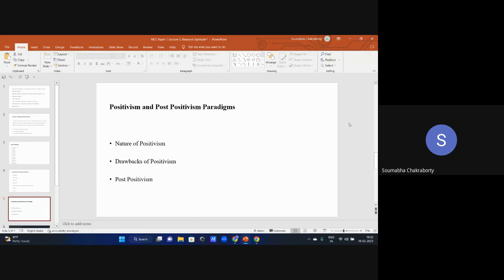Positivism relies upon quantifiable perceptions that prompt measurable examinations. In this case, the role of the researcher is limited to data collection and objective interpretation, because positivists usually adopt a deductive kind of approach, and the concentration is focused on objective facts.